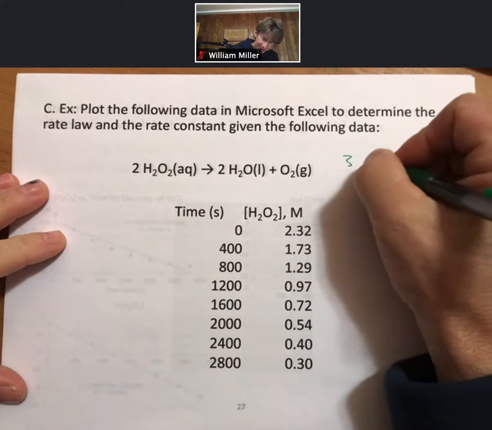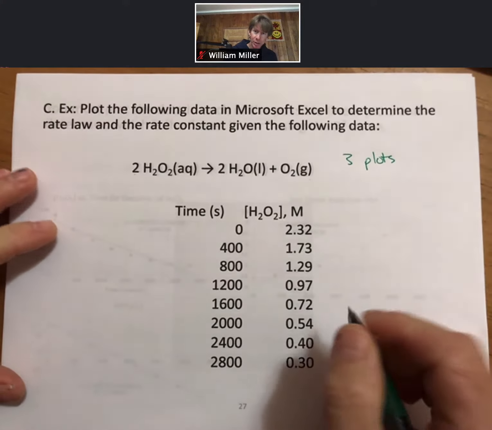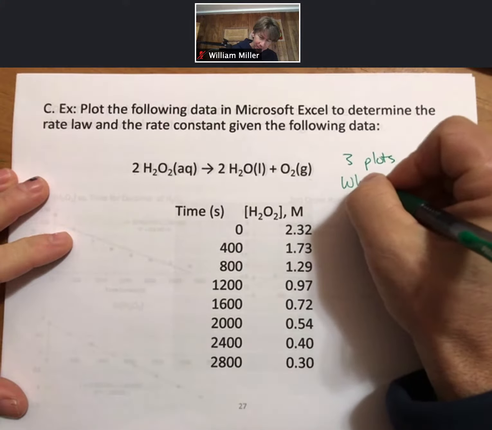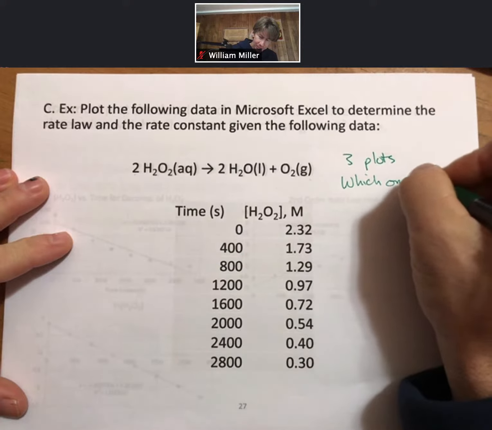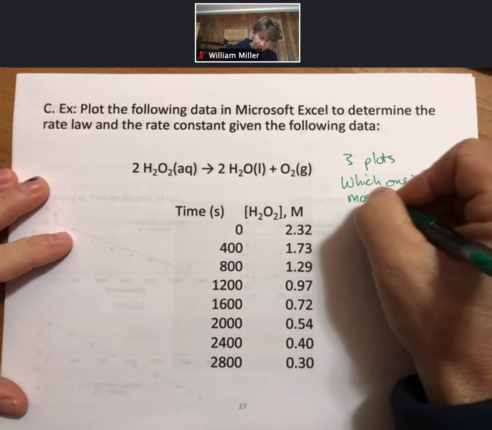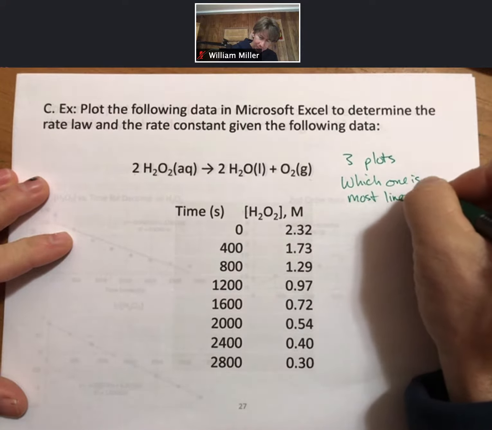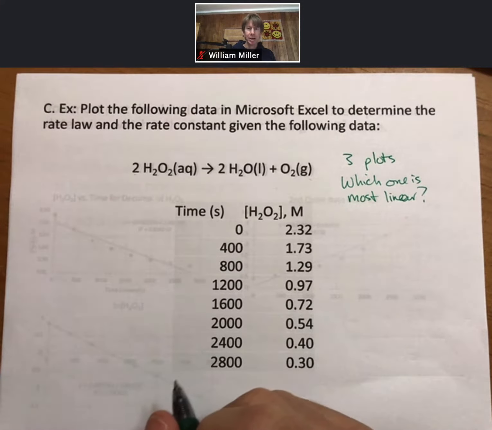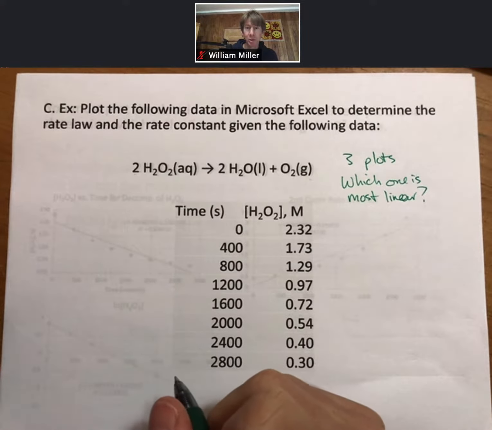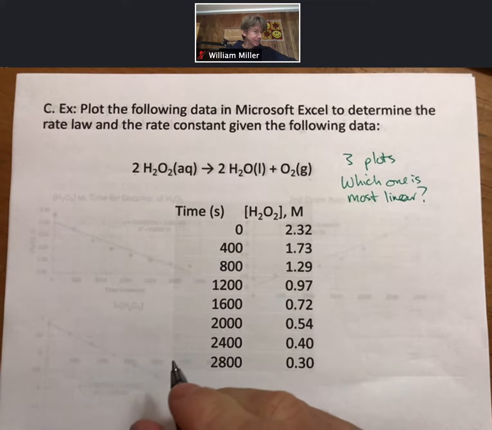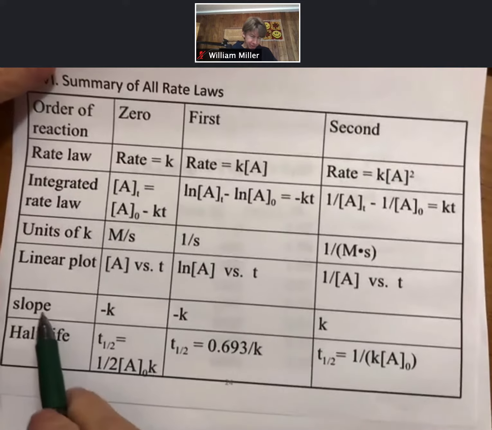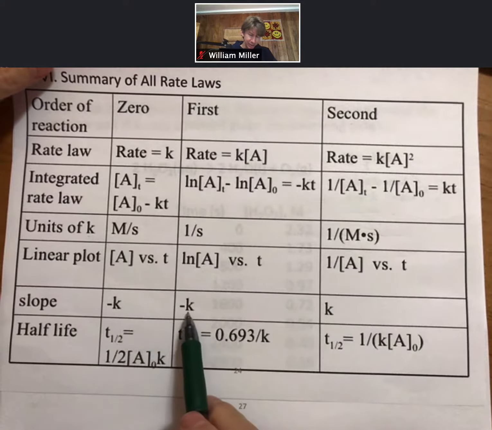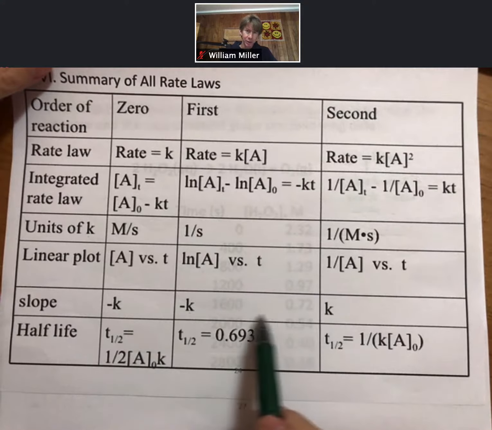So 3 plots. Which one is most linear? Whichever one that is, that's your integrated rate law, and that tells you also what your rate law is. And you'll see that the slope is going to be related to the rate constant for all 3 of these.